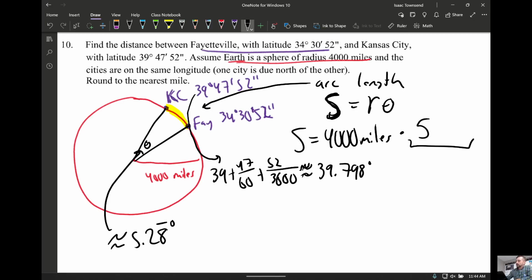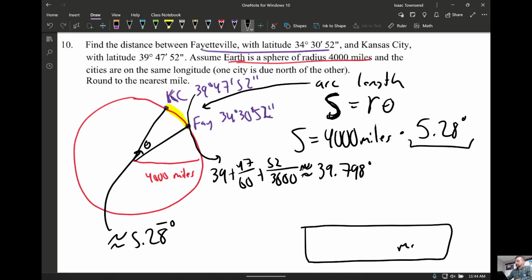All right, so I'm almost done. I think I know this angle. I have it in my calculator. It's about 5.28. So if I multiply that by 4,000, you're going to think that you have the answer, but there's still one problem with what I'm doing. Why multiplying these two won't give me the correct answer? Right, this formula only works in radians, which again, you've already been tested on that on question 8 or 9 when it was just a skill, but I need to convert this to radians.